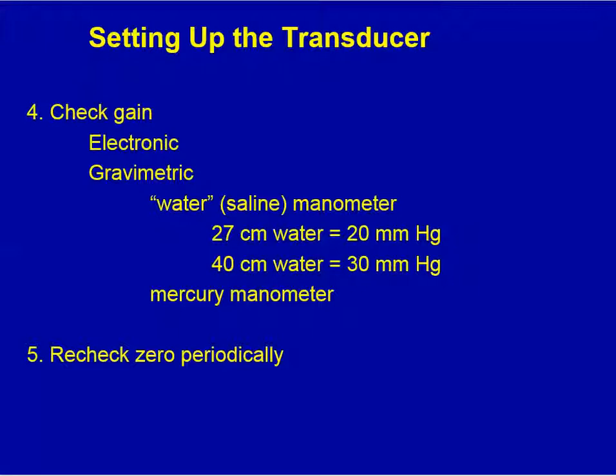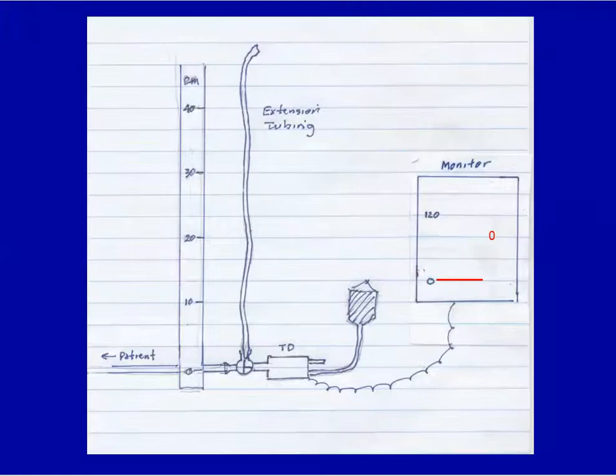The modern machines are very accurate in terms of the gain, and I have rarely, if ever, encountered a transducer that gives you false gain. Usually it either works or it doesn't work at all. However, if you want to check it, you can do it gravimetrically, and I've demonstrated how to do this.